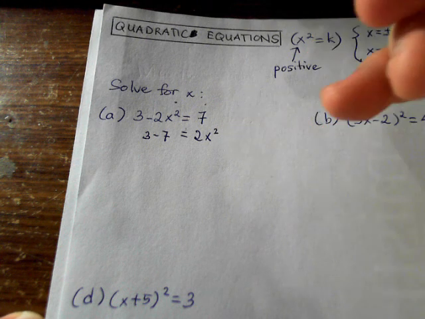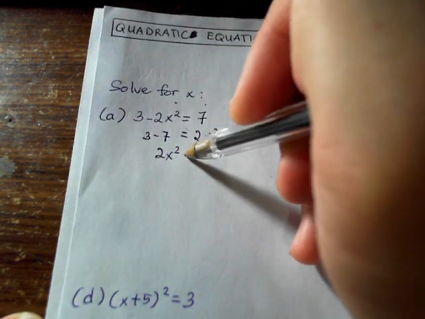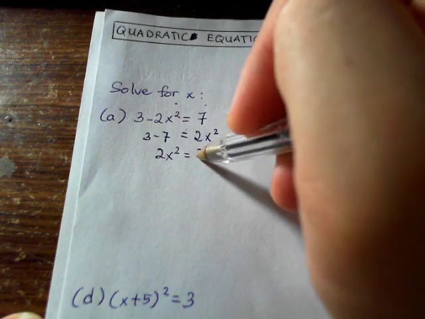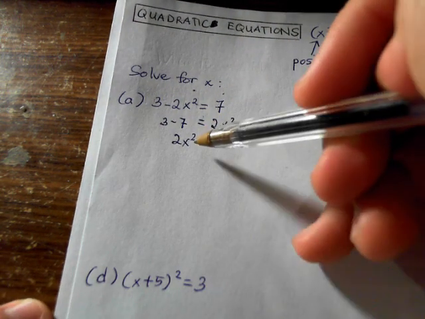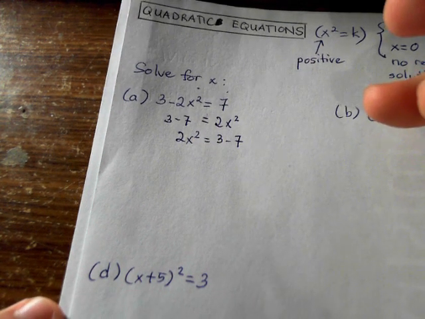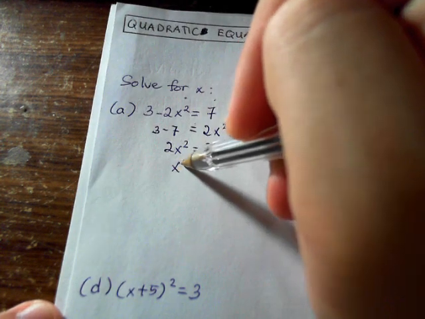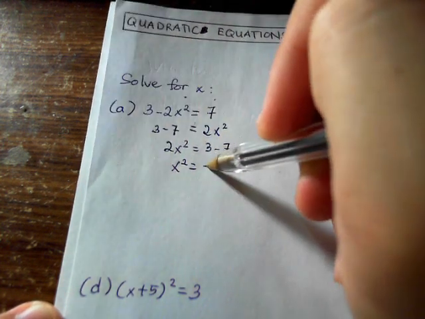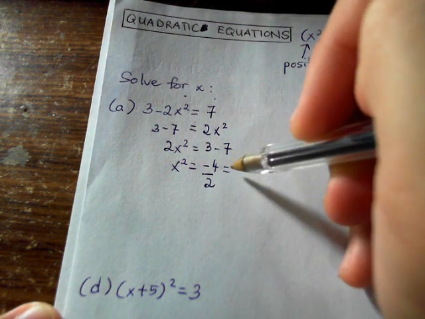Now we can rearrange it so that 2x squared is on the left and 3 minus 7 is on the right, because it's easier to solve when you have the subject of the variable on the left hand side. So x squared is 3 minus 7, which is minus 4, divided by 2, which is negative 2.